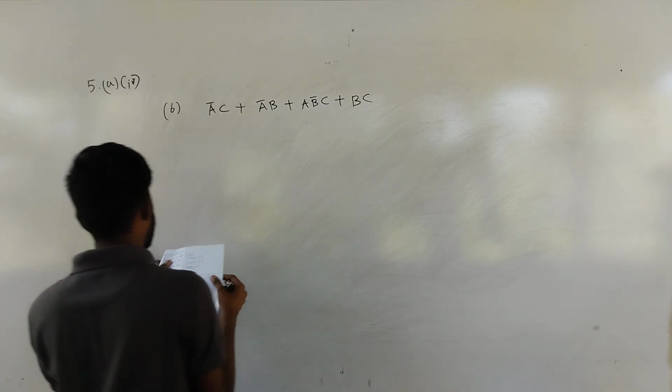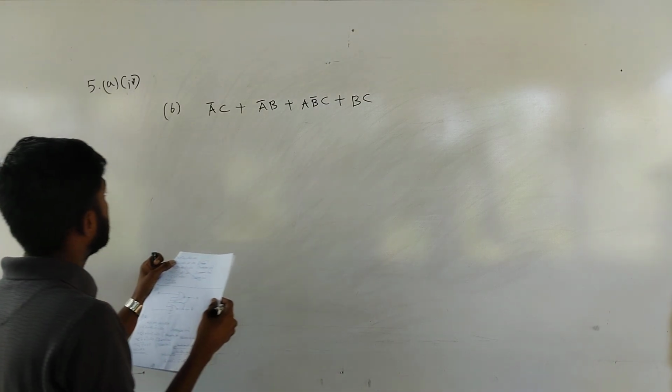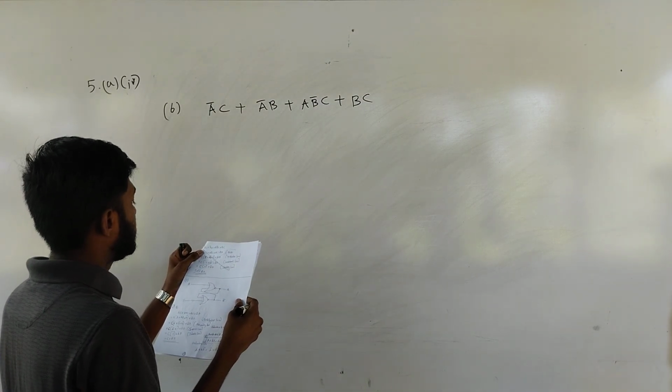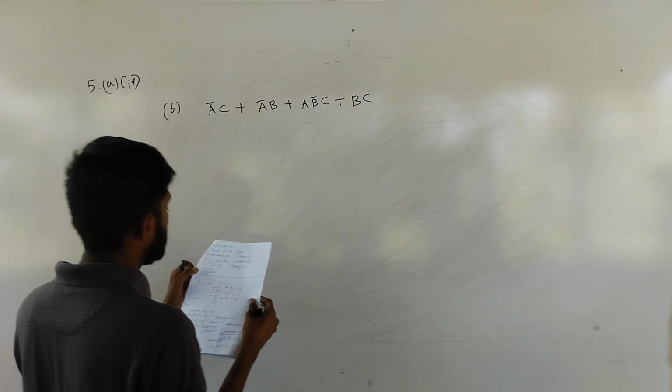So this is what they have given, right? A bar C plus A bar B plus A B bar C plus BC.